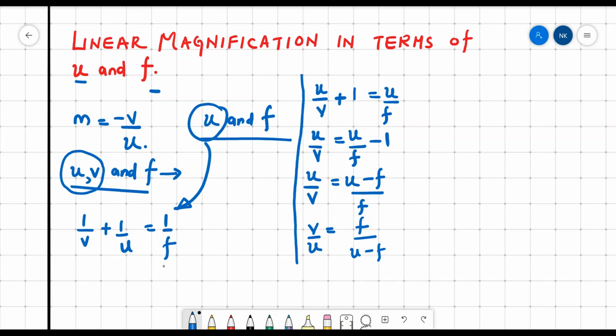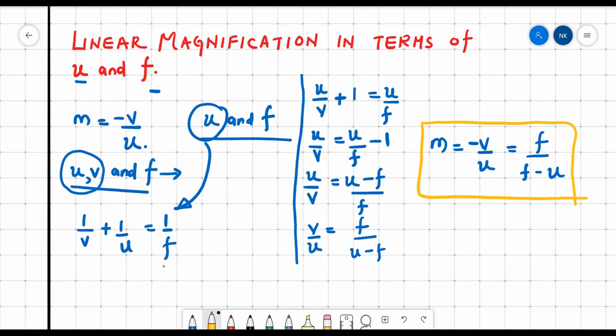Finally we know that linear magnification M equals minus of V by U. So this expression will turn as F upon F minus U. So this is the expression for linear magnification M in terms of U and F.